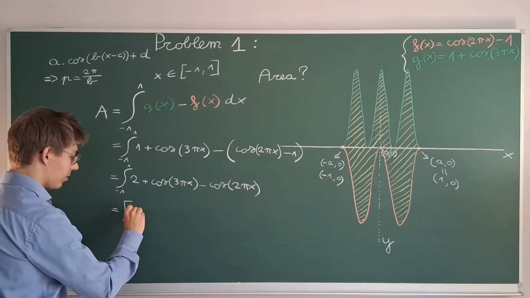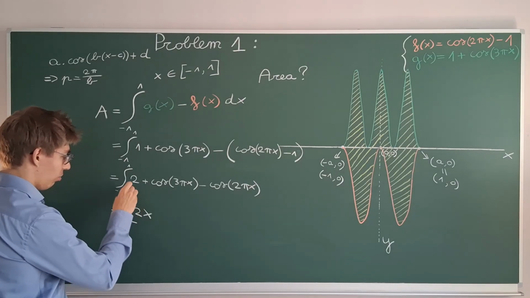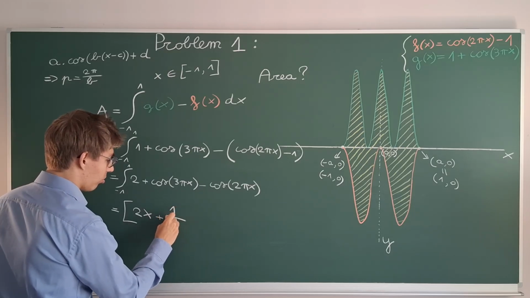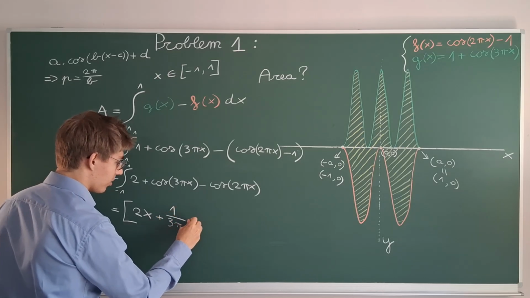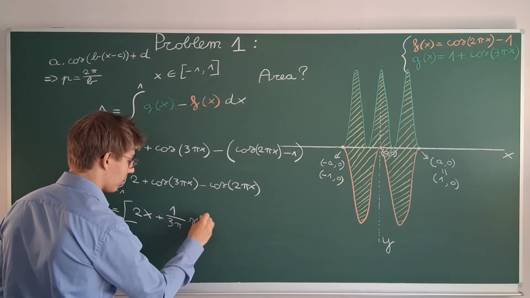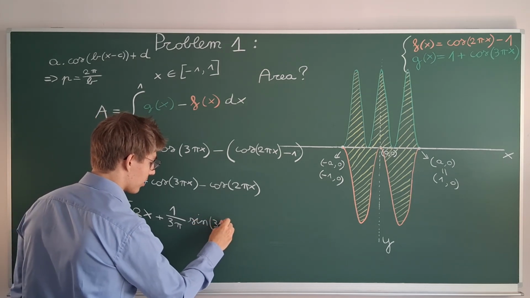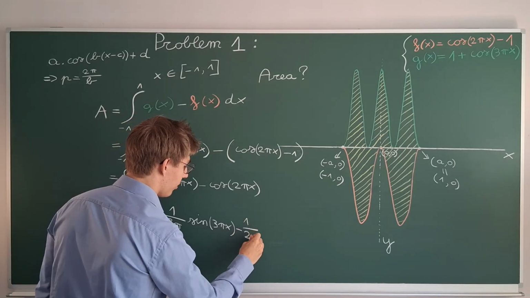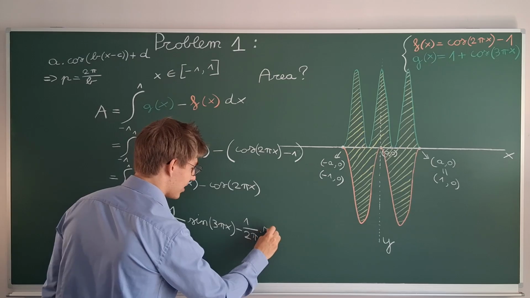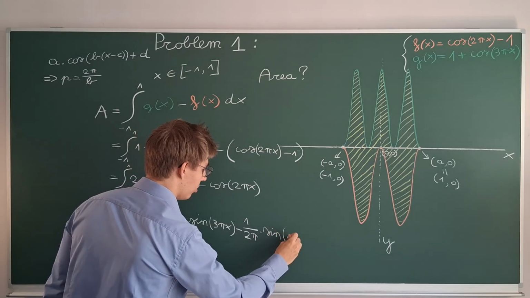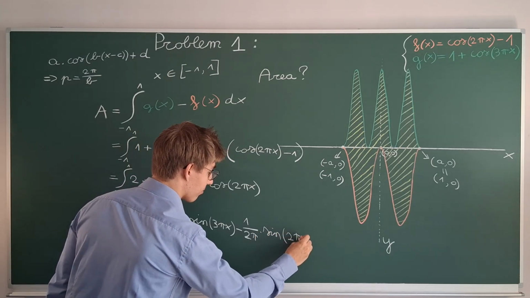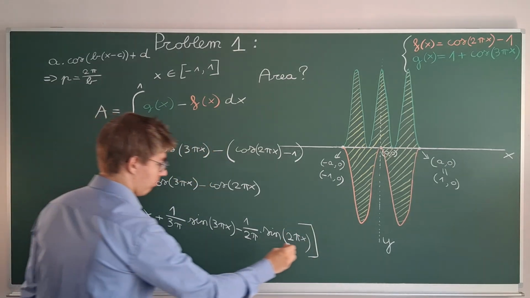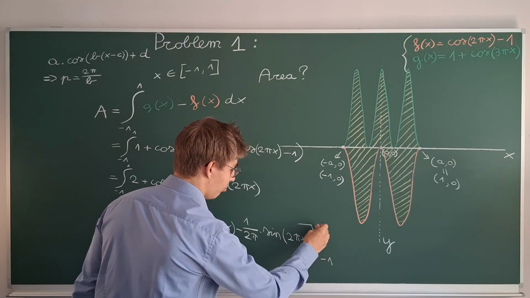So we have to evaluate 2x, which is a 2 integrated, plus 1 over 3 pi times sine of 3 pi x minus 1 over 2 pi times sine of 2 pi x, from minus 1 to 1.